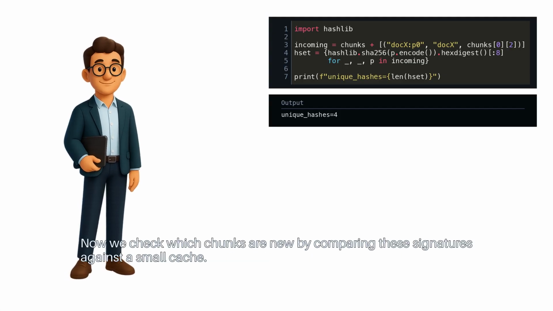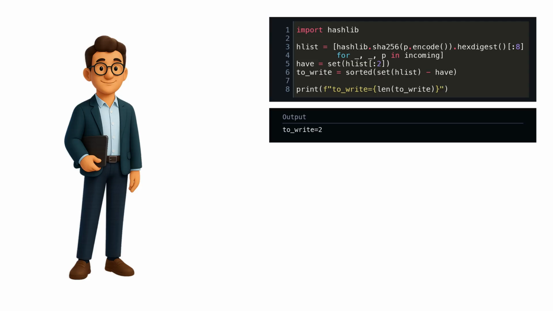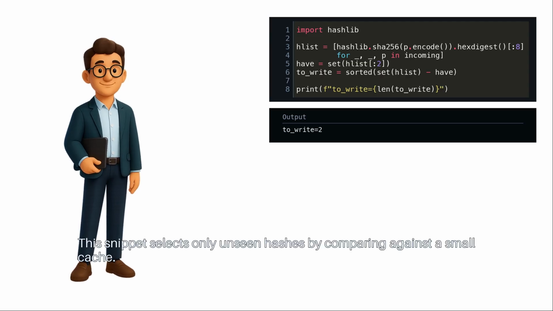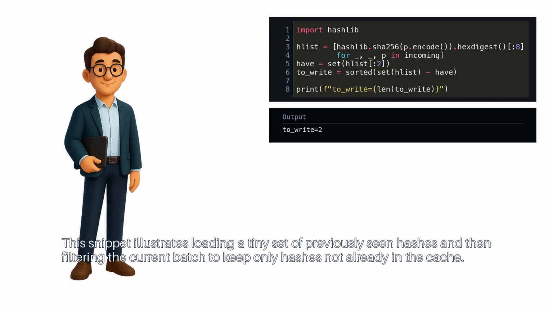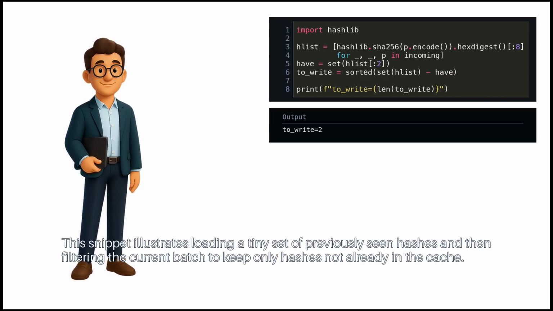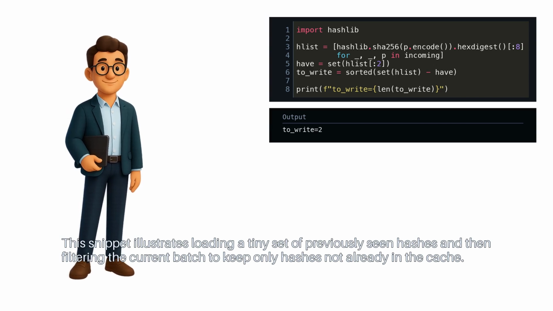Now we check which chunks are new by comparing these signatures against a small cache. This snippet selects only unseen hashes by comparing against a small cache. This snippet illustrates loading a tiny set of previously seen hashes and then filtering the current batch to keep only hashes not already in the cache.